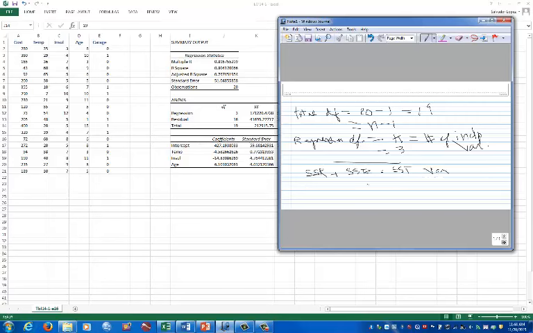And in terms of degrees of freedom, the degrees of freedom that correspond to total must be equal to the degrees of freedom from the errors plus the degrees of freedom from the regression. Well, this total degrees of freedom equals n minus 1, and this regression degrees of freedom is k.